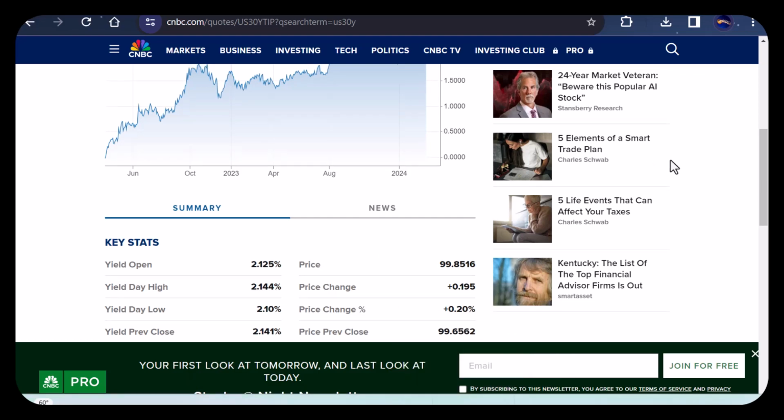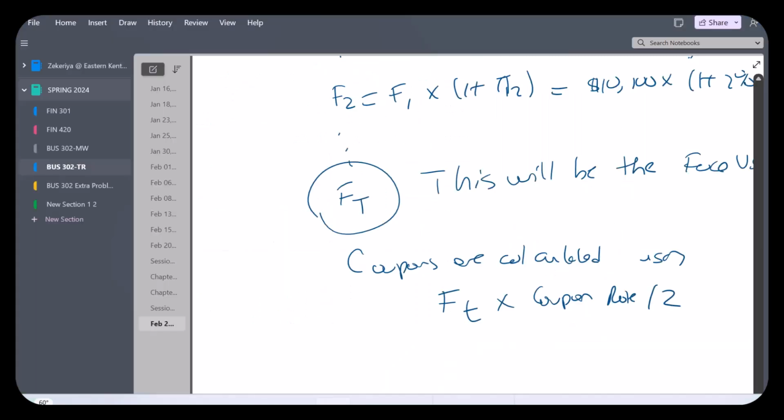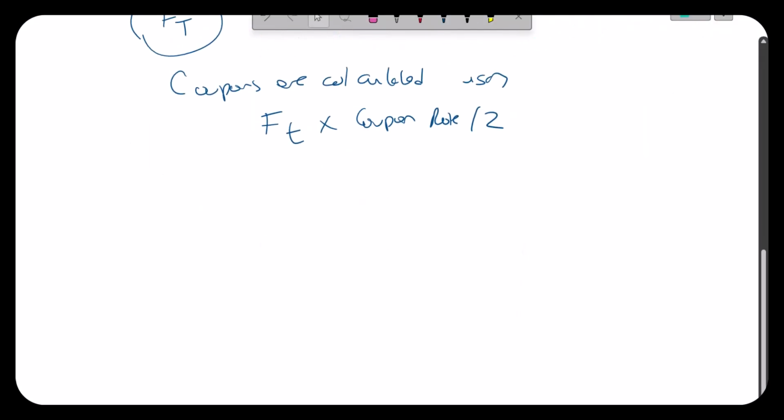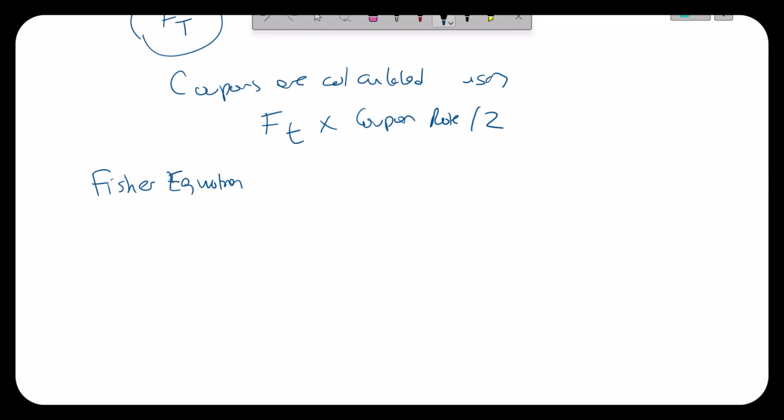Since we're there, let's talk about the so-called Fisher equation. With big R, we're going to talk about the nominal interest rate. That means, if you have a treasury bond, it pays 5%. That's the nominal rate.